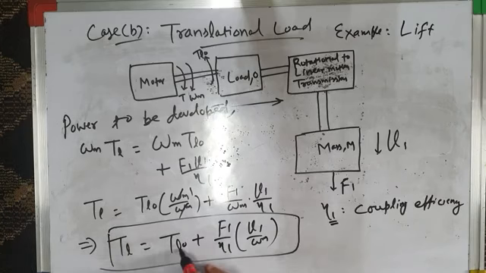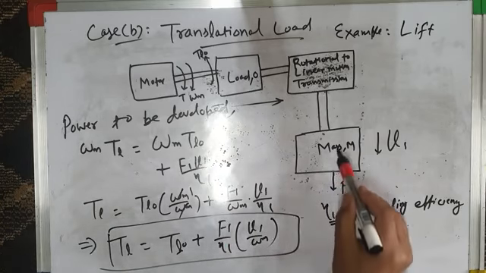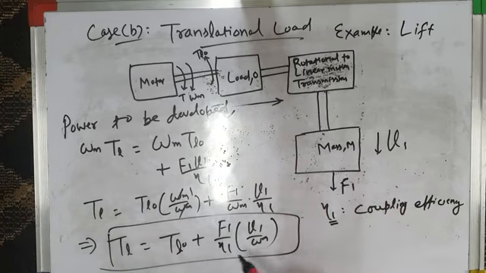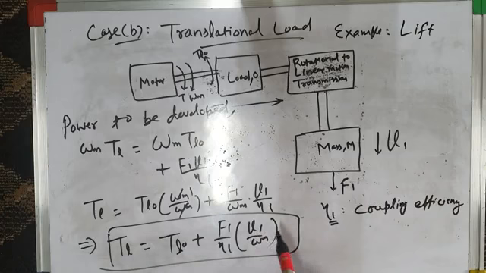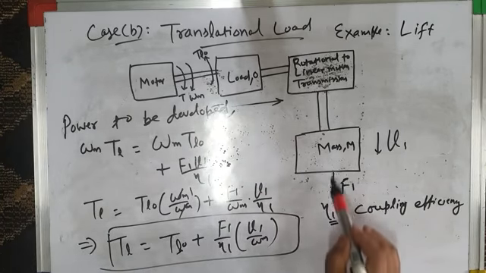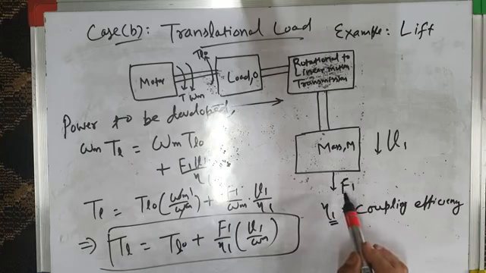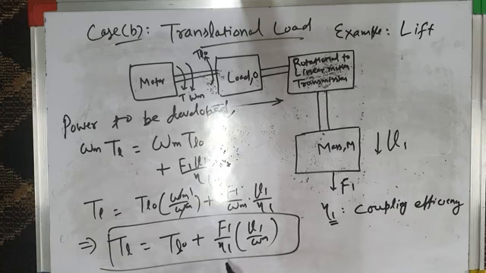Okay. So once you know the load torque requirement of load 0 and the torque requirement of this mass linear load, which is given by F1 by eta 1 into V1 by omega m, you know what is the speed V1, you know what is this rotational motion omega m, you know how much is the force. You can calculate the force developed by this lift divided by coupling efficiency eta 1, and adding the two terms you will get the total load torque requirement.